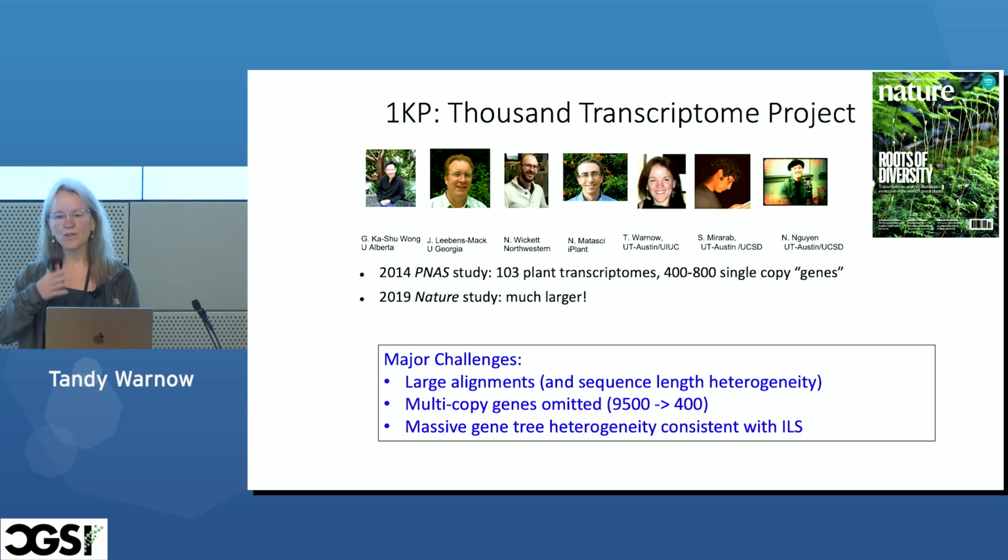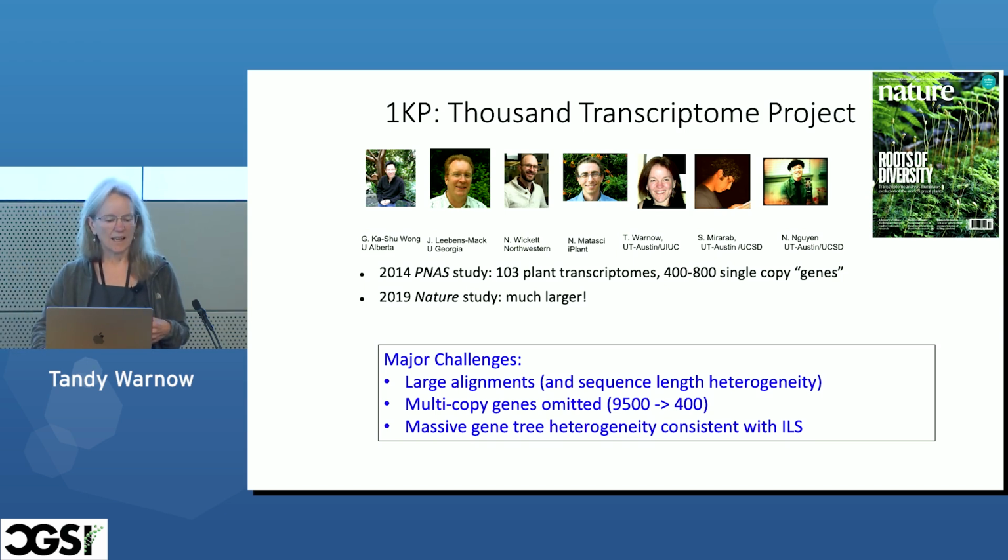If you don't have orthology figured out in advance, you have multicopy gene families. That makes for extremely large alignment problems and complicated species tree estimation. And again, gene tree heterogeneity that was consistent with incomplete lineage sorting. I keep mentioning incomplete lineage sorting because that's a big part of what this talk is going to be about.